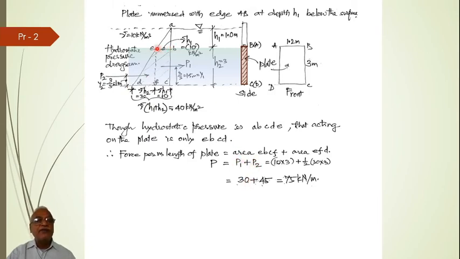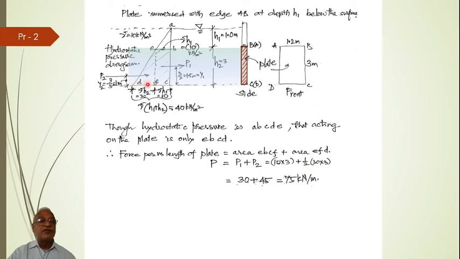Now how much is P1? It is nothing but area of this pressure diagram, which is 10 multiplied by 3. 10 into 3, that is 30, right? 10 is kilonewton per meter square, but multiplied by 3 meters becomes 30 kilonewton per meter length, plus area of this triangular portion, that will be half base into height.